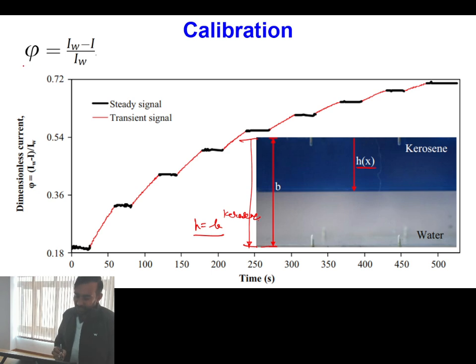What we have done is define one non-dimensional parameter, which is IW. What is IW? The current when the tank is filled with water.